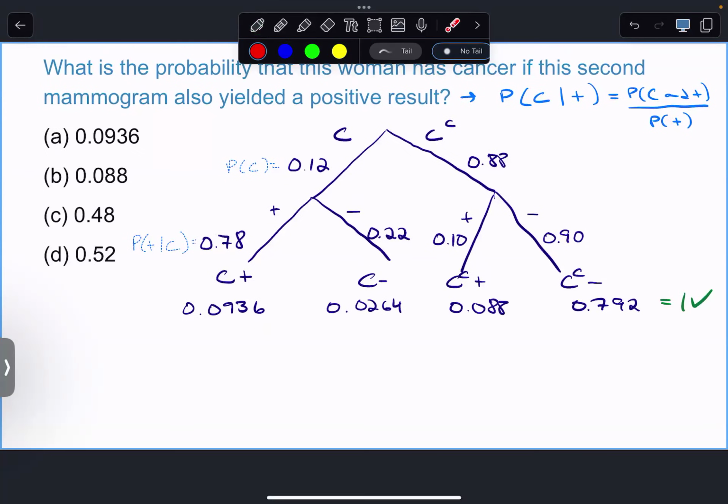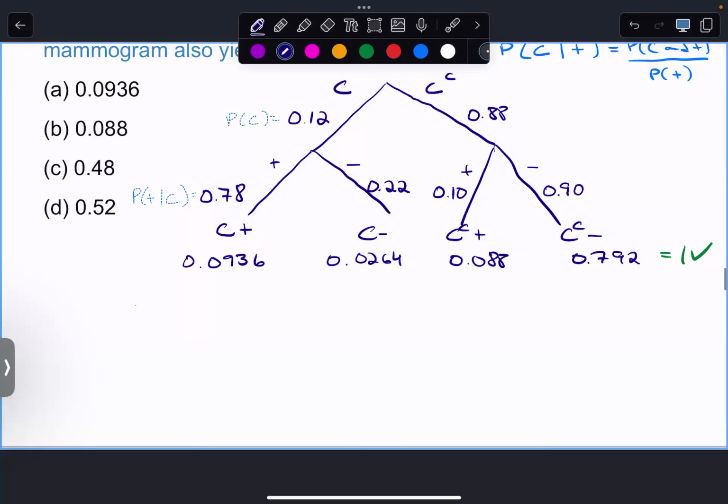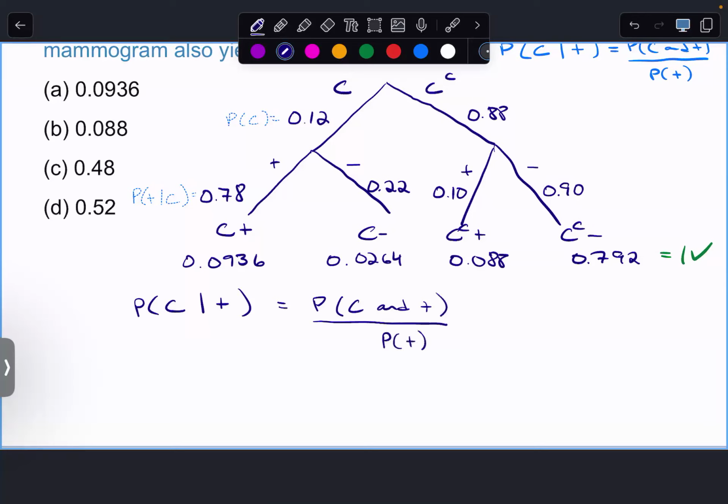Okay. So now, if we want to solve for the probability of cancer given a positive test, now remember this is the second test, is the probability of C and plus divided by the probability of plus. We've got the numerator fine, right? C and a positive is 0.0936.